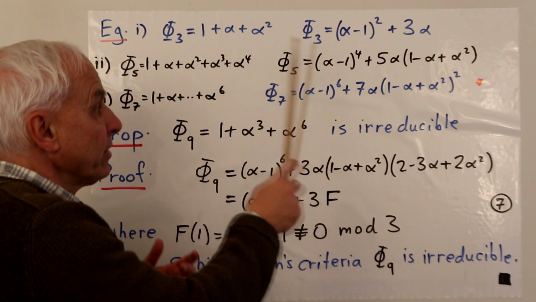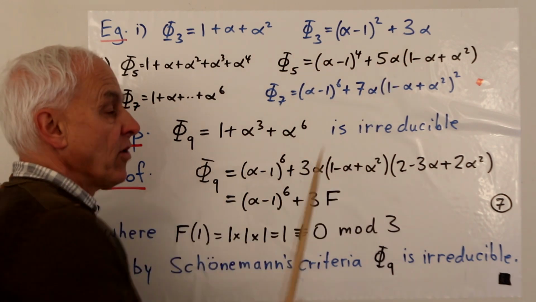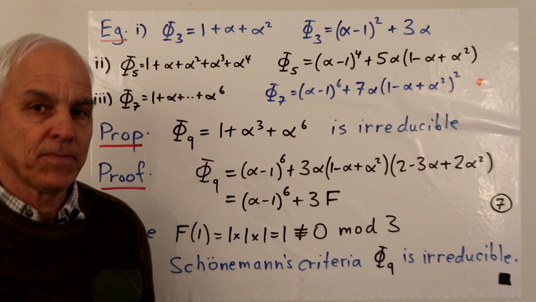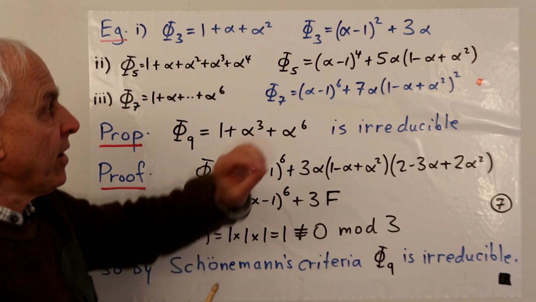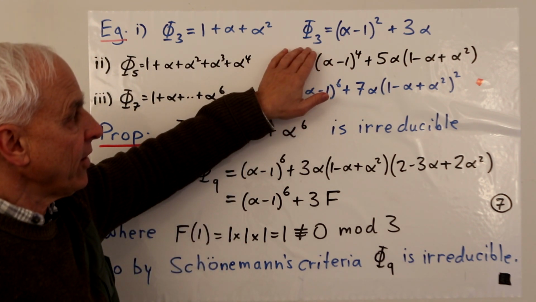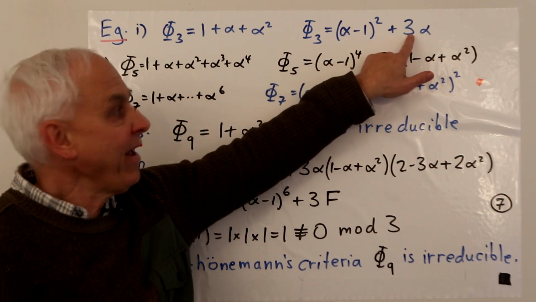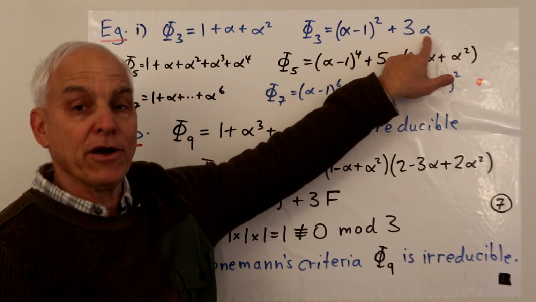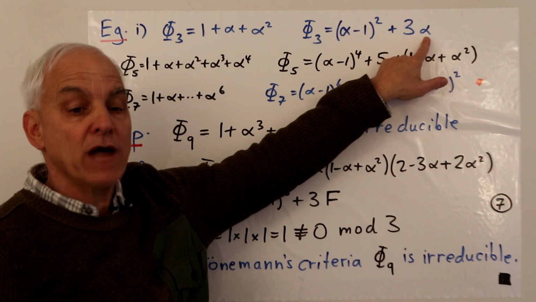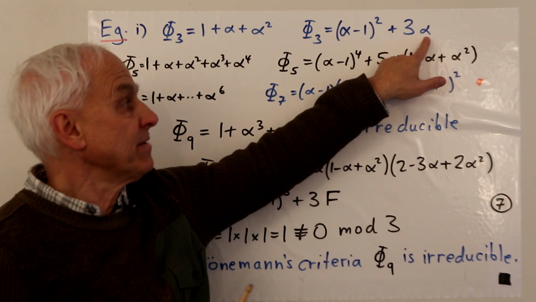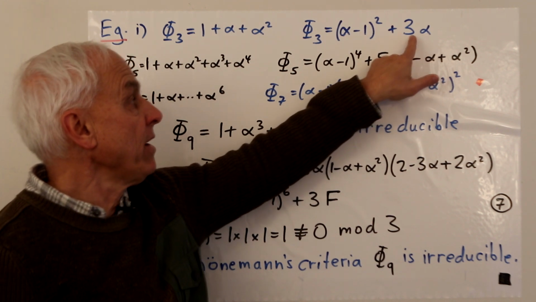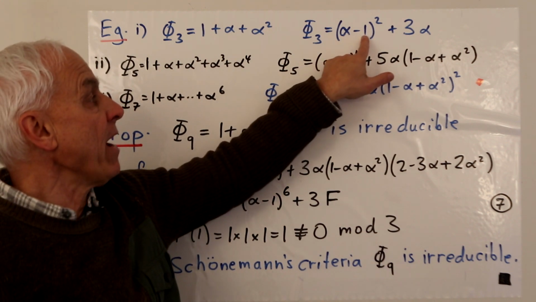And if you do the calculation, the something else is just 3 times alpha. So yes, indeed, this is the situation where the prime p is 3, and this other factor here is indeed not equal to 0 mod 3 when we replace alpha with 1.